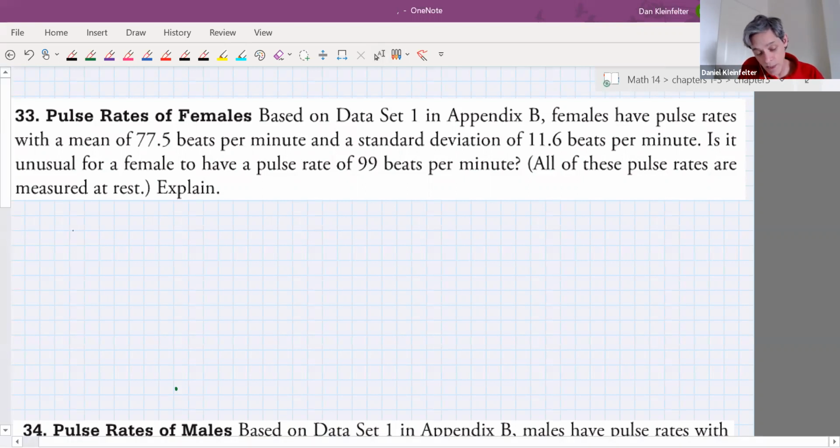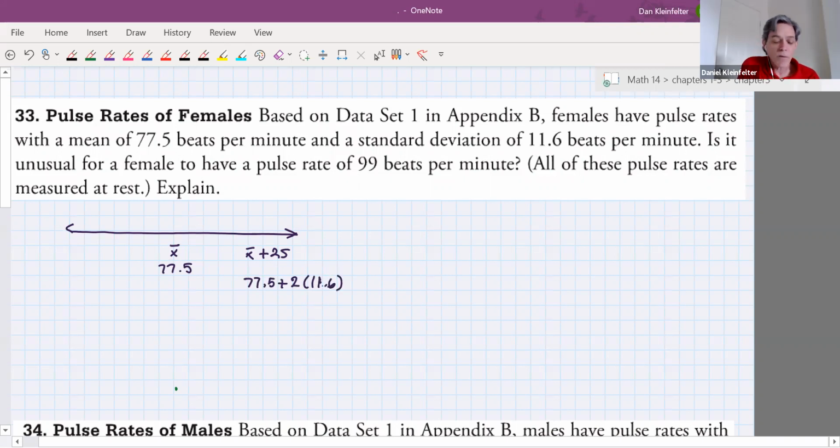So a picture is always a good idea, especially as you are just starting out. So I'm going to put the mean in here. The mean is 77.5 beats per minute. Then we'll have the mean plus 2 standard deviations. That will be 77.5 plus 2 times 11.6.